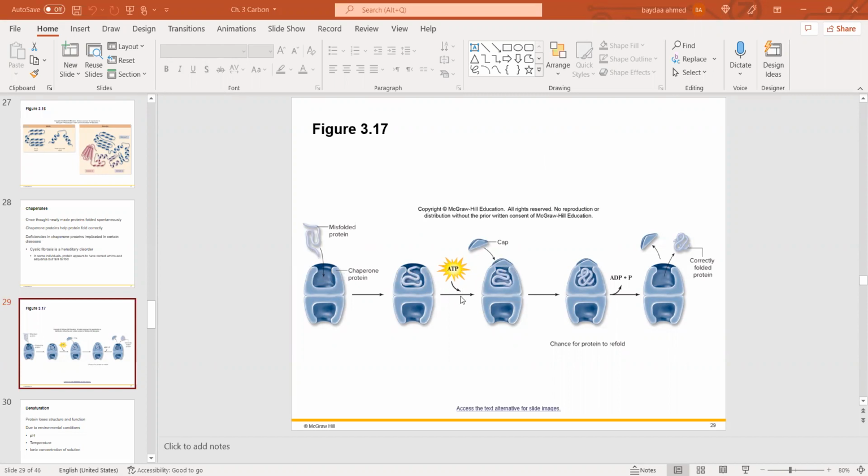Energy from the hydrolysis of ATP fuels structural alterations to the chamber, and this will change the unfolded protein from hydrophobic to hydrophilic. This change allows the protein to refold after a short time. Then the protein is ejected, either folded or unfolded, and the cycle can repeat itself.